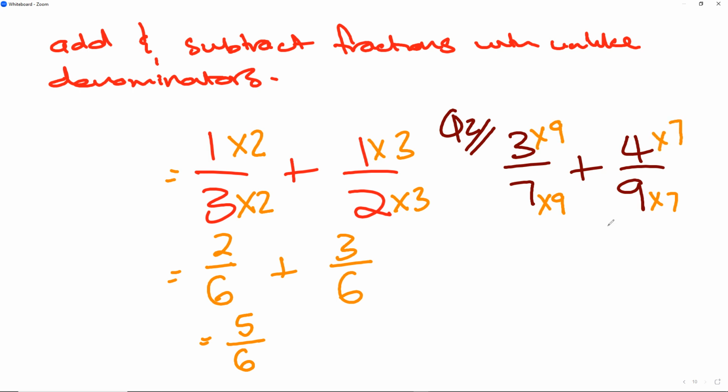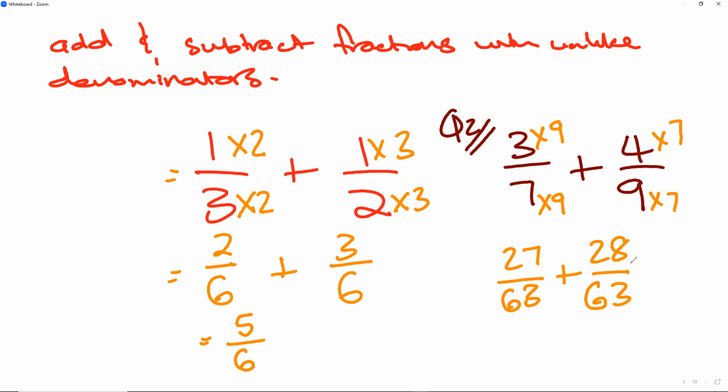You could do this every single time. But if you do get to a solution like 50 or 60, for example, make sure you simplify. 3 times 9 is going to be 27, over 7 times 9, which is 63. 4 times 7 is 28. And 9 times 7 is 63.